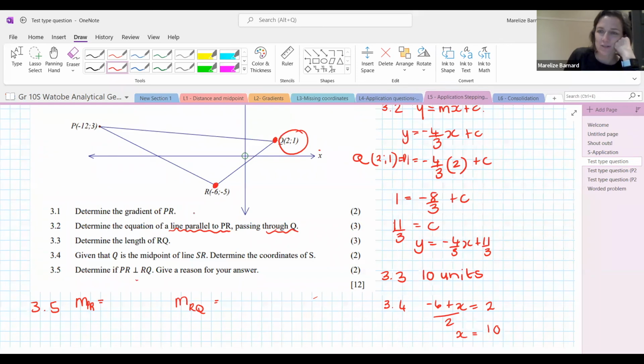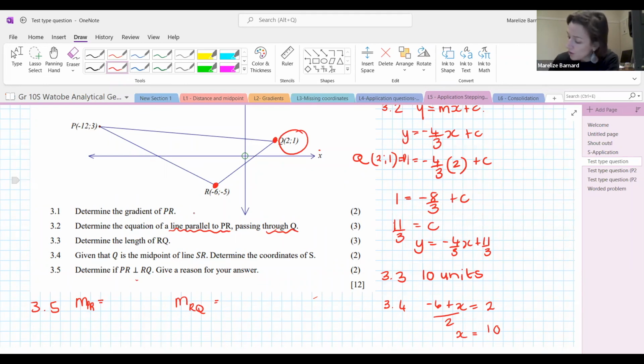Come, grade 10s, we can do it faster than this. Gradient of PR and the gradient of RQ. Remember, we have the gradient of PR already, so be smart about it. We've worked out the gradient of PR already. It's -4/3.